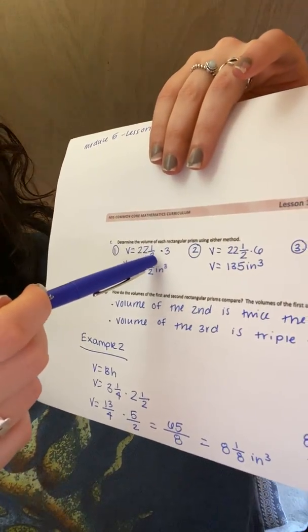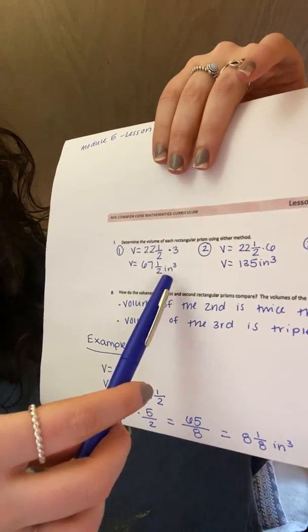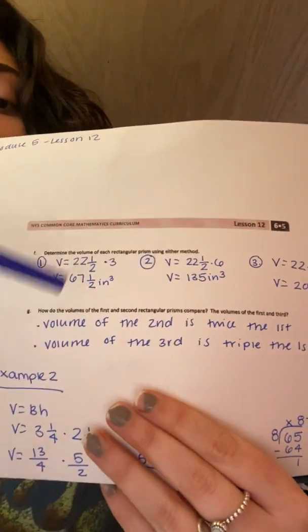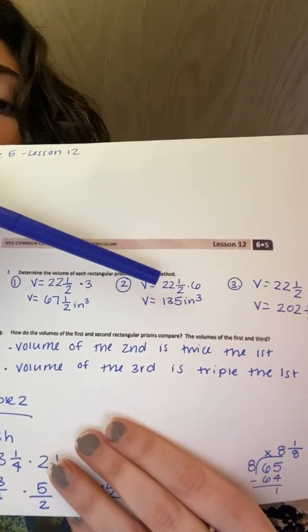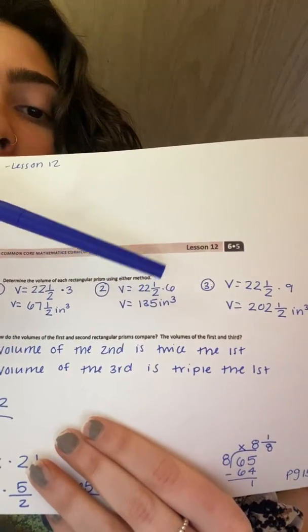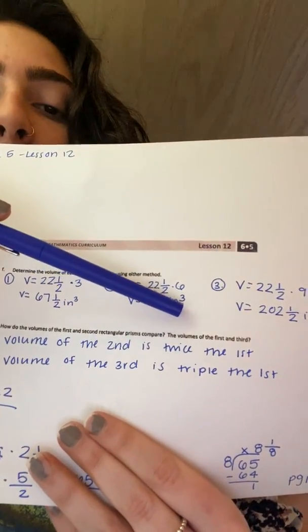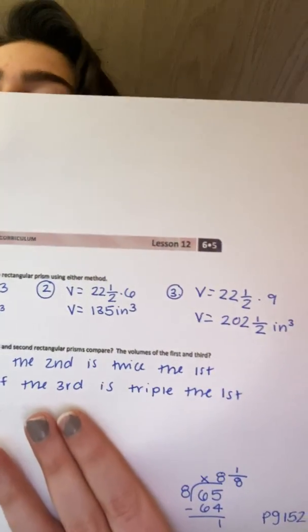When you multiply those two numbers together, you get 67.5 inches cubed. I did the same thing for 2. My length and width are 22.5, I multiplied it by 6, and I got 135 inches cubed for that one.